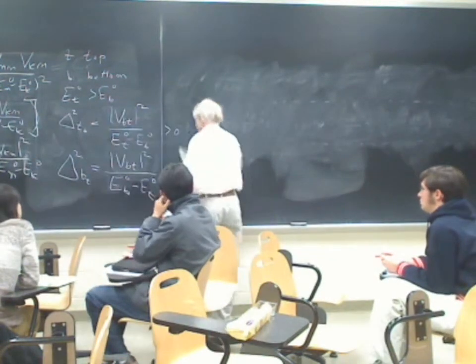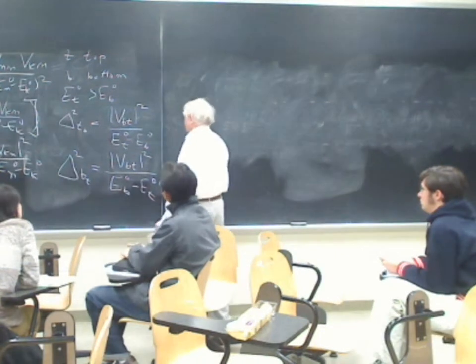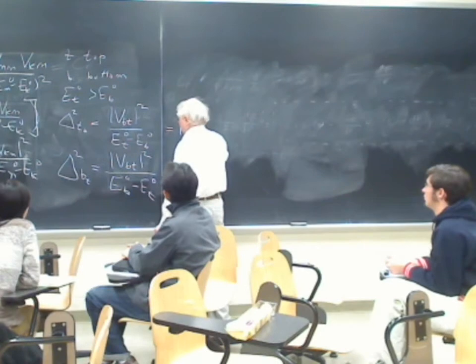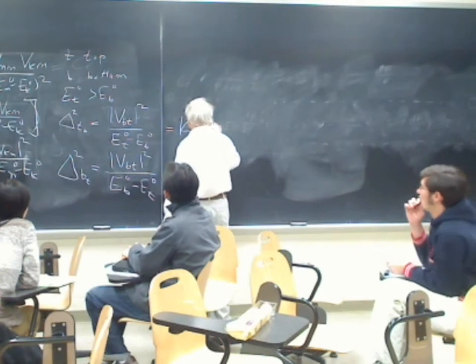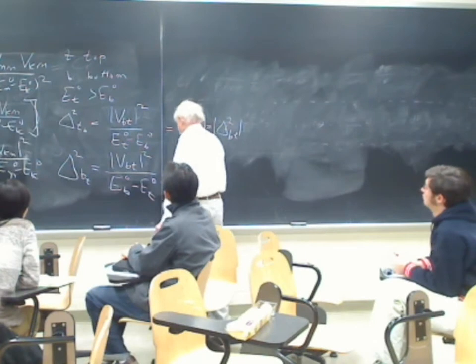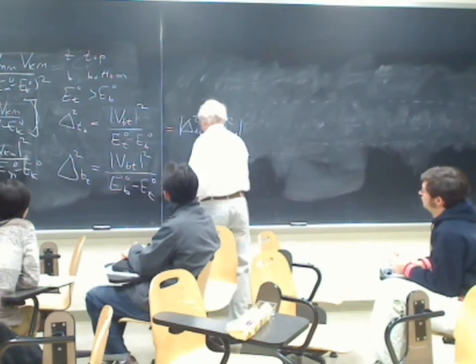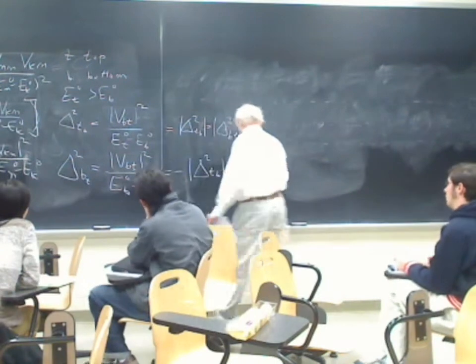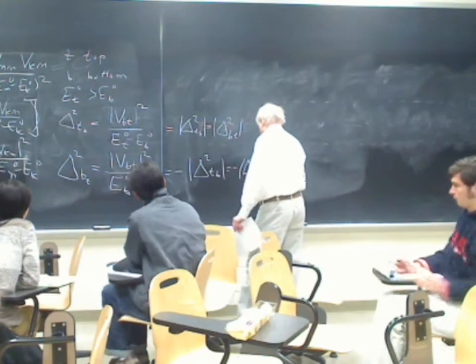Or to write it differently, the absolute value of delta 2 TB equals the absolute value of delta 2 BT, and one is minus the absolute value while the other is plus.